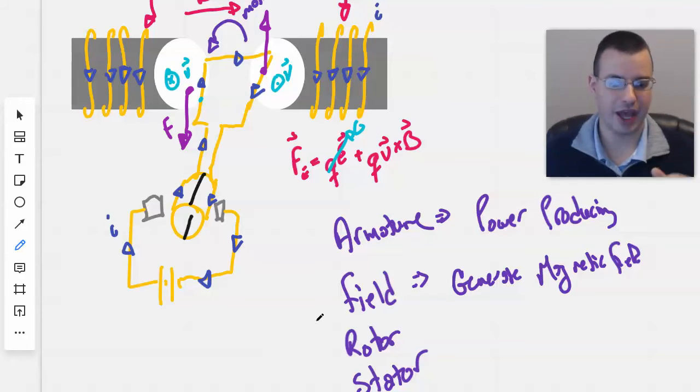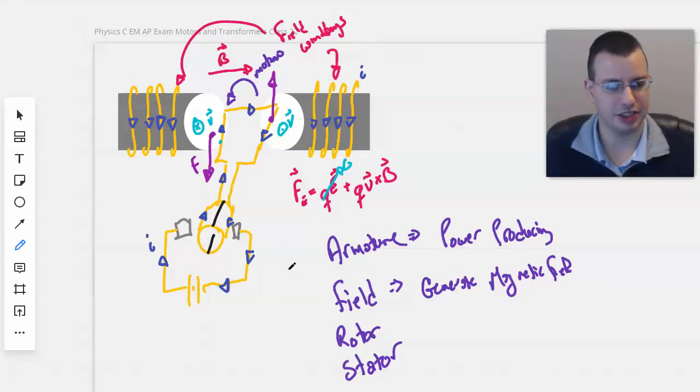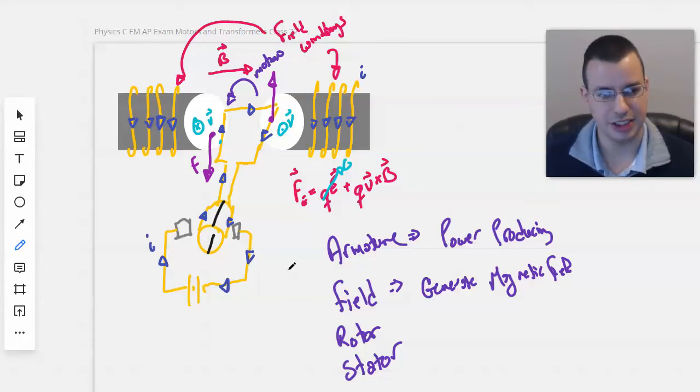If you have massive amounts of electricity flowing, you want to do that through the stator, what's stationary, rather than what's moving. Depending on design, though, it's not always feasible. There are many different ways of designing this, with engineering considerations. So this is just the general idea of, here's a DC motor.